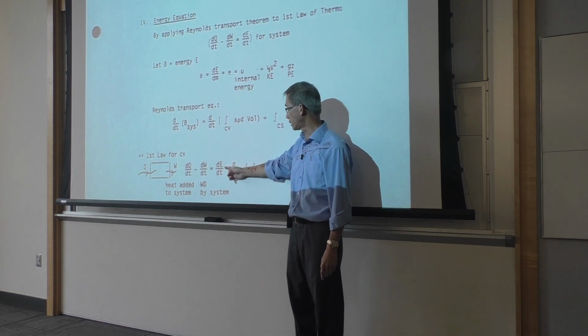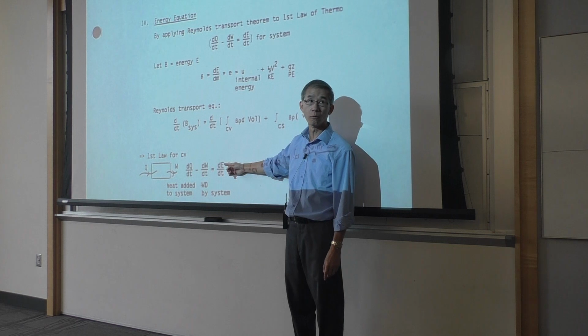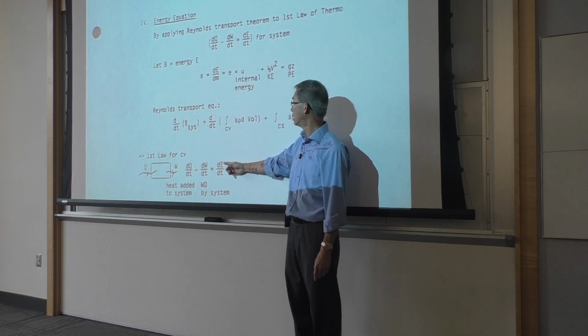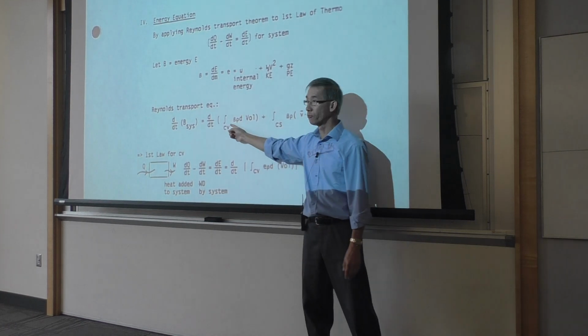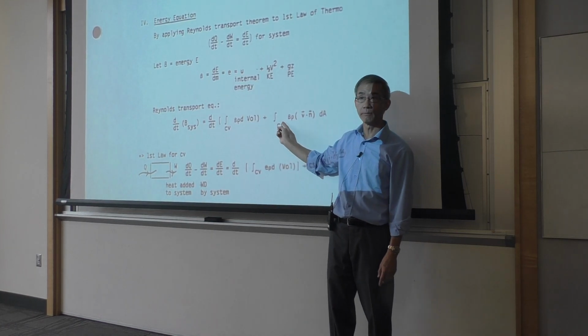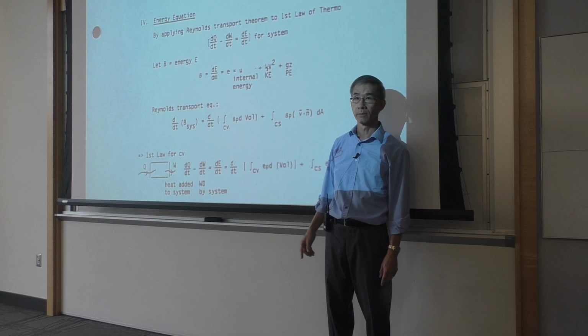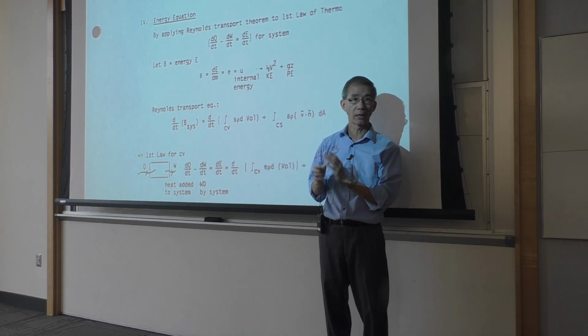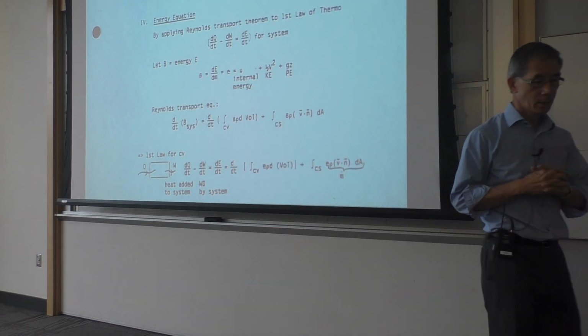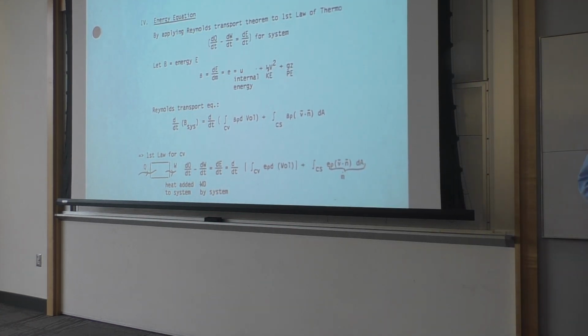On the left-hand side, this is capital E, total energy, not per unit mass. But on the right-hand side, the beta is per unit mass. I think I know what you're asking, but you misinterpreted the Reynolds transport equation. It's a little detailed, and I don't want to confuse the rest of the class, but this is correct. Okay?